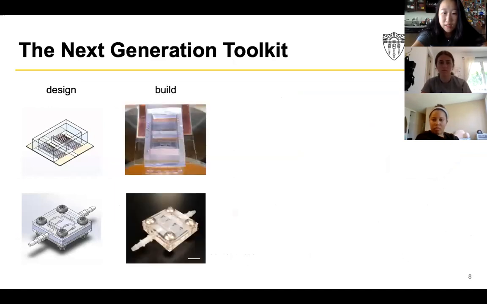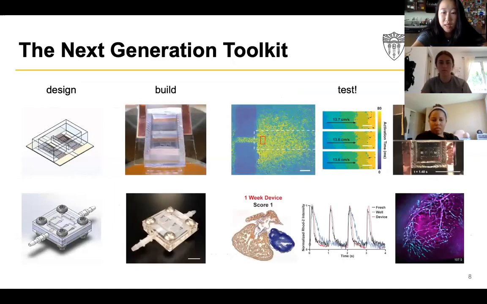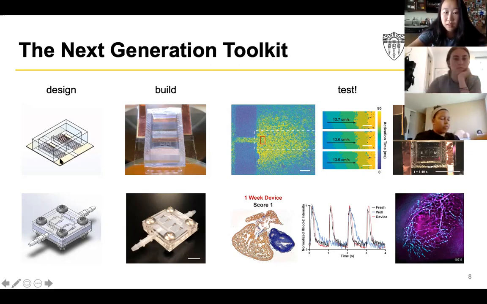So for my project, I was able to design, build, and test 2 different types of devices. And just really quickly, the top row, it's a very simple platform where it has a glass cover slip. And for heart cells, we want to be able to electrically pace them, because that's exactly how our heart is able to beat in synchrony when it's pumping blood.